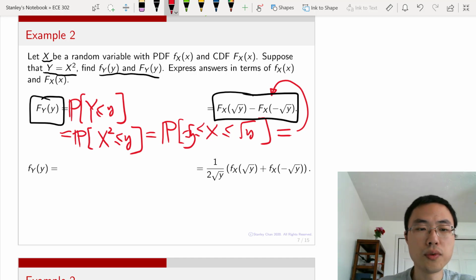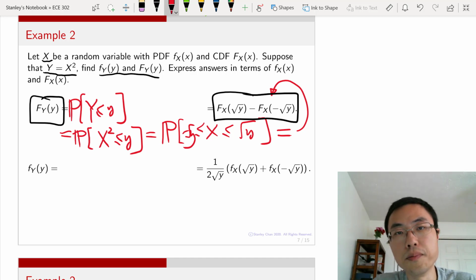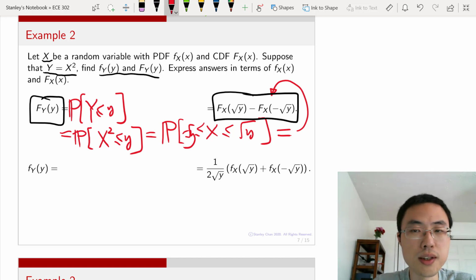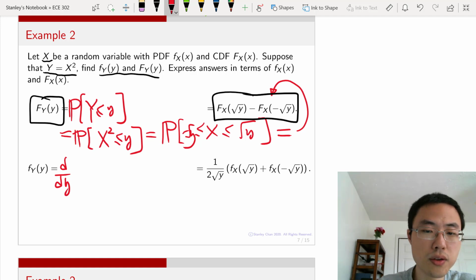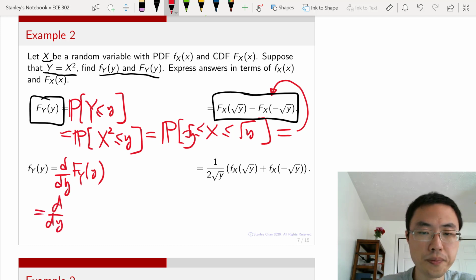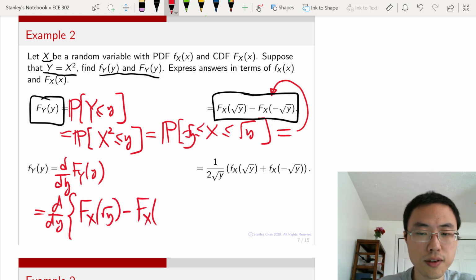Now, let's also calculate the PDF of this random variable Y. The PDF, as we have seen, will be the derivative with respect to y of your F_Y of y. Now, what is this derivative? It will be d/dy of F_X of square root of y minus F_X of minus square root of y.